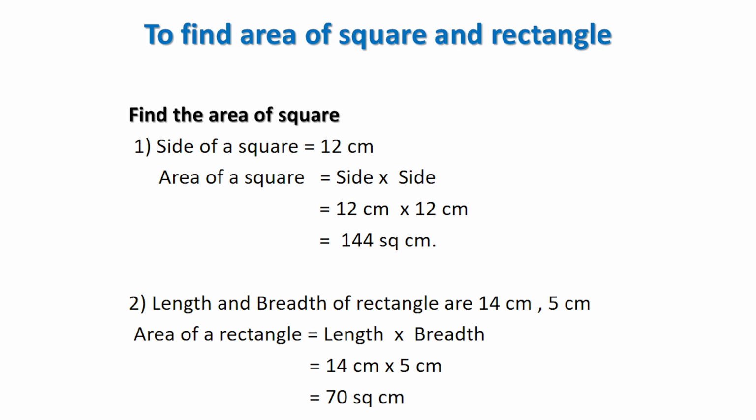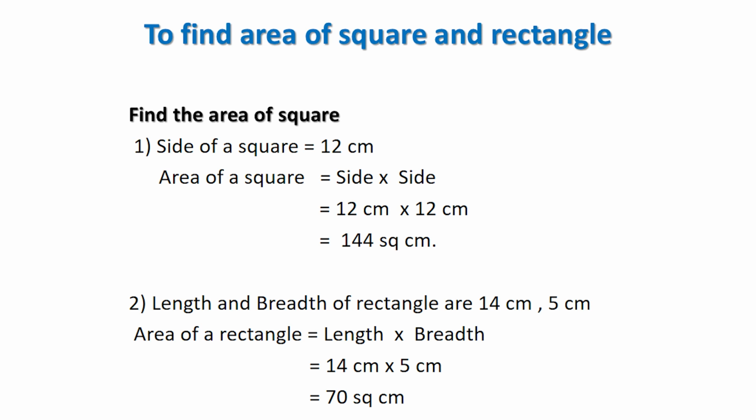Find the area of a square. Side of a square equals 12 cm. Area of a square equals side into side equals 12 cm into 12 cm equals 144 square centimeter.